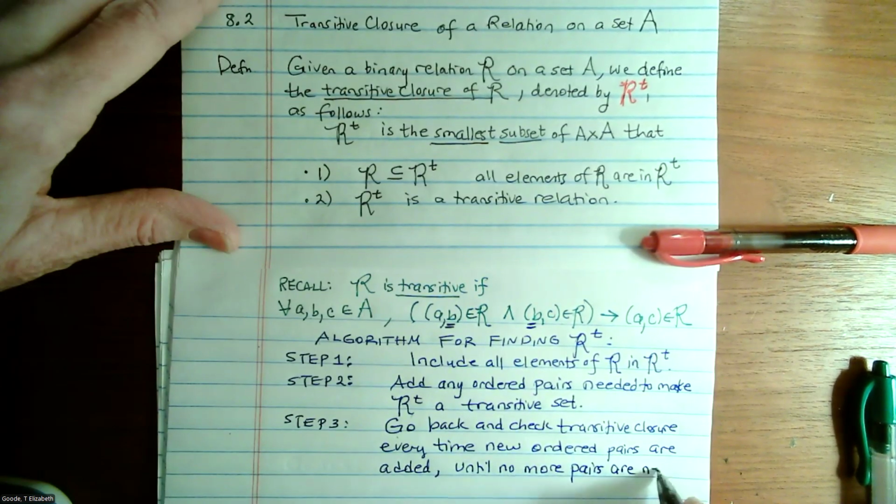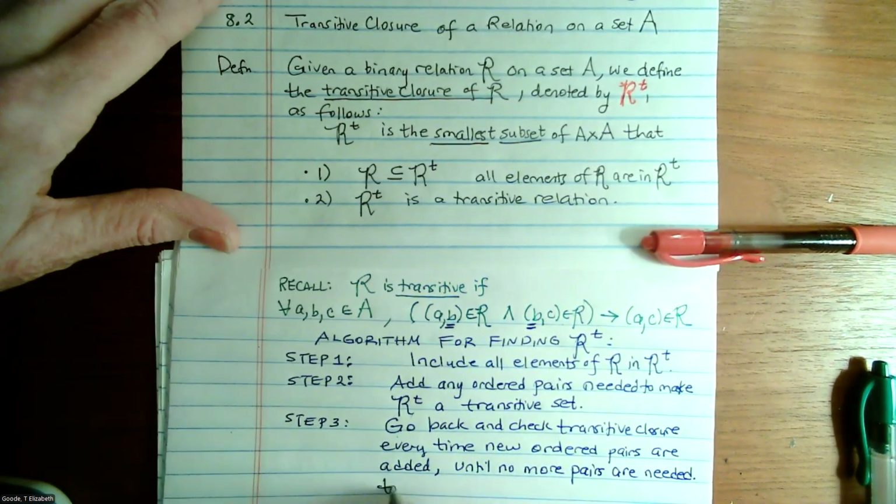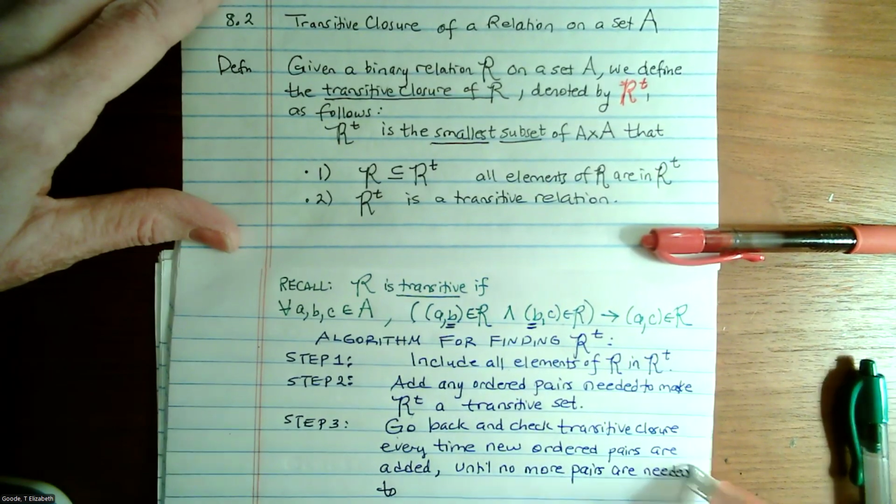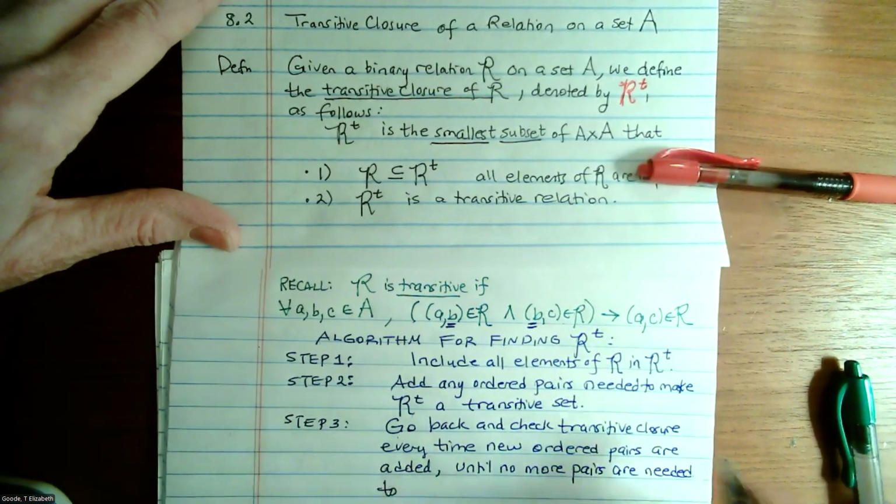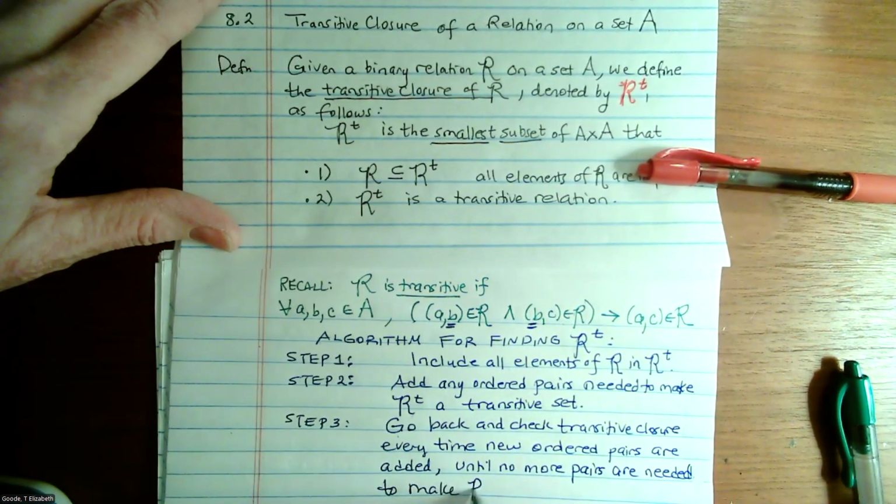That's when we quit. Needed for what? Needed to make RT transitive. You just keep going until you have enough ordered pairs that transitivity holds.